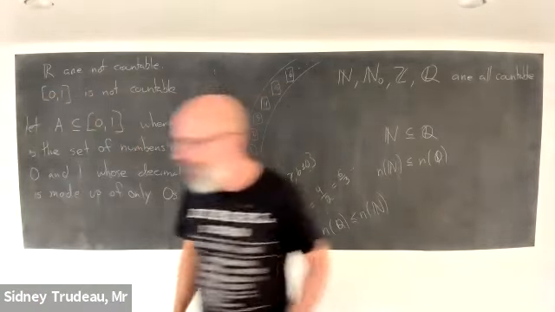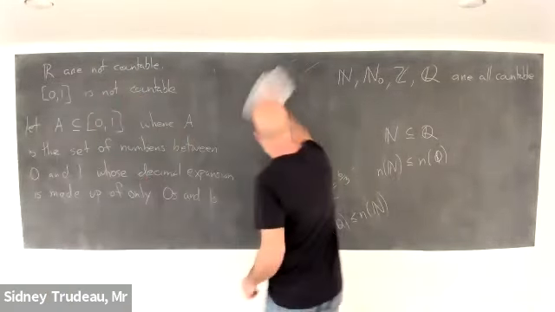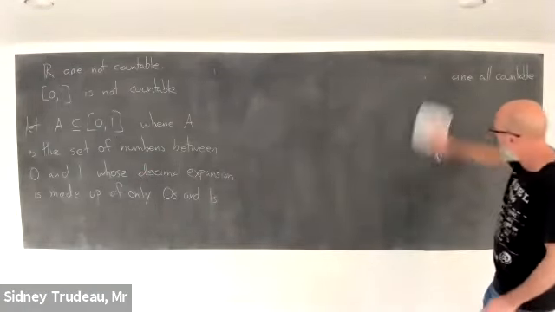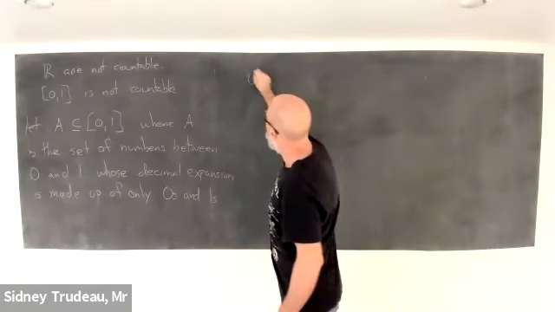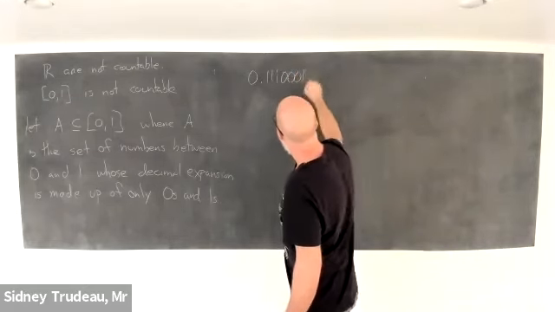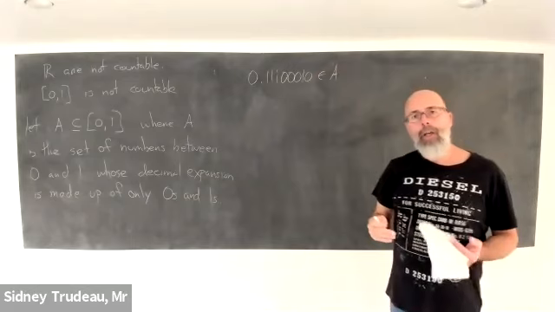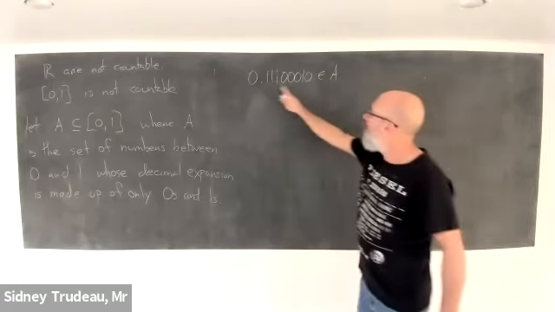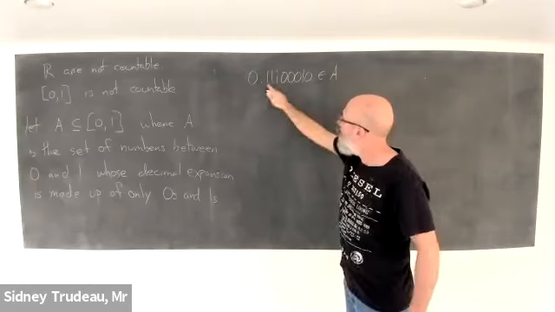Example. Second example. Somebody give me a number in the set A. Zero point 111000010. This is an element of A. It's a number where the only numbers after the decimal are made up of zeros and ones.